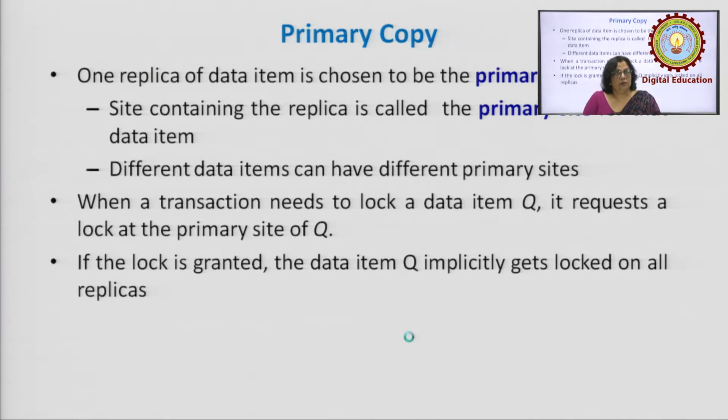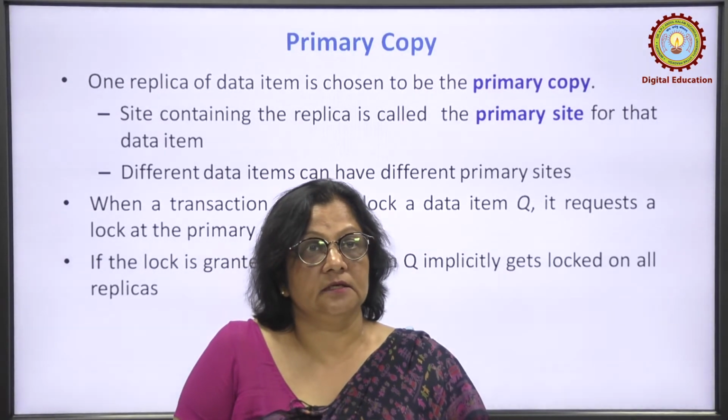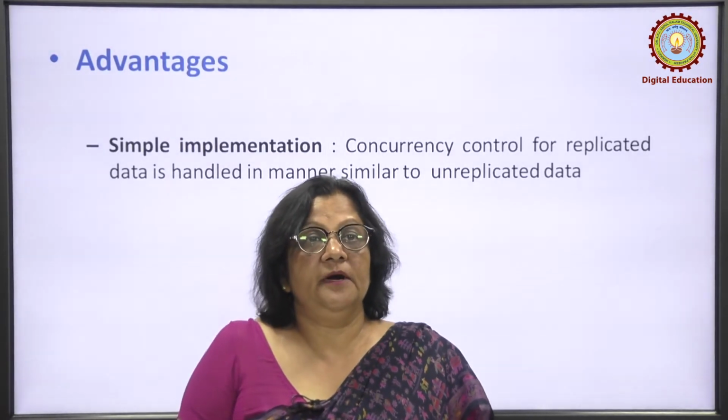When a transaction needs to lock a data item Q, it requests a lock at the primary site of Q. If the lock is granted, then the data item Q implicitly gets locked on all the replicas where it is existing. Advantages: simple implementation.